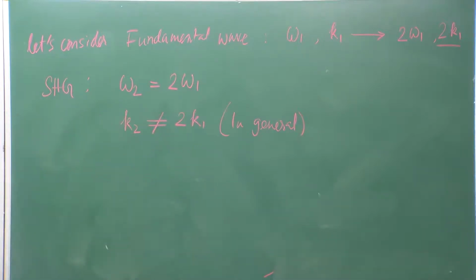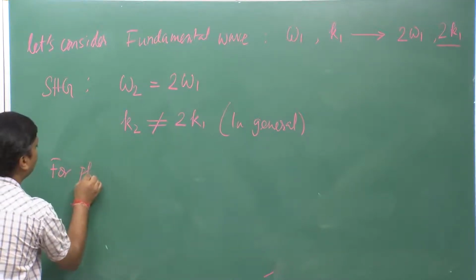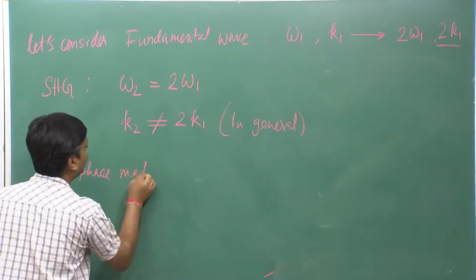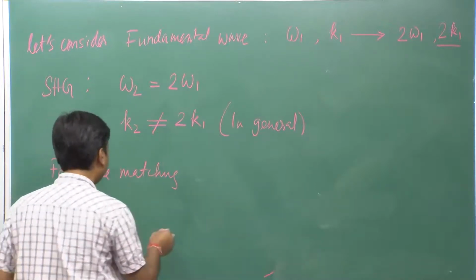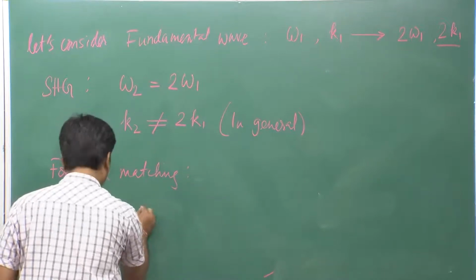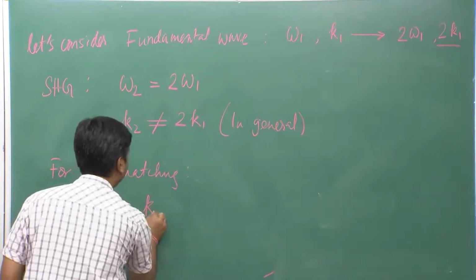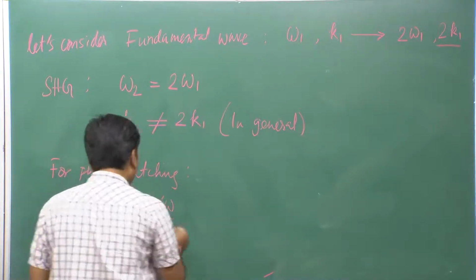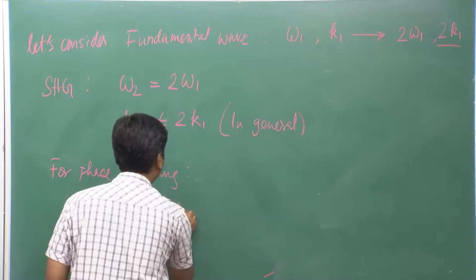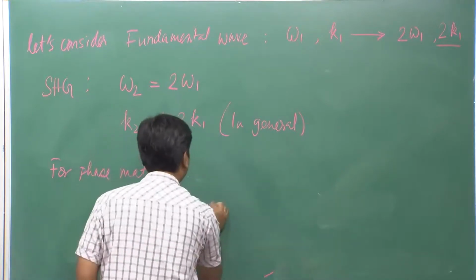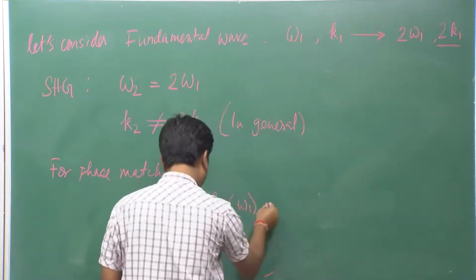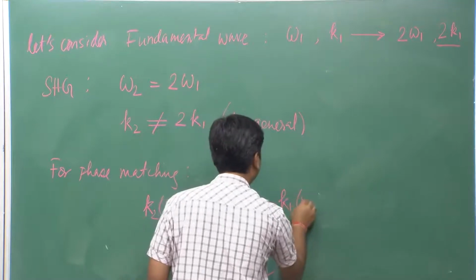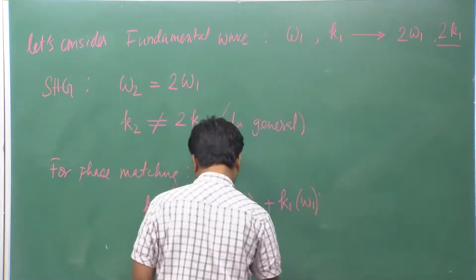Okay. So, the phase matching will take place, what we need is, I can write as k2, which is a function of frequency 2 omega 1, is a sum of k1 at omega 1 and another photon having the same value, right.